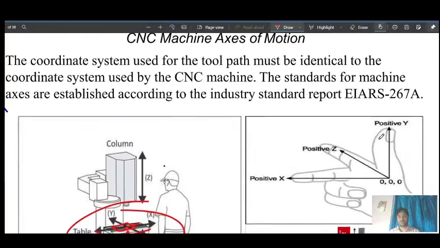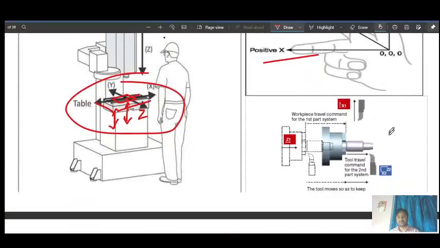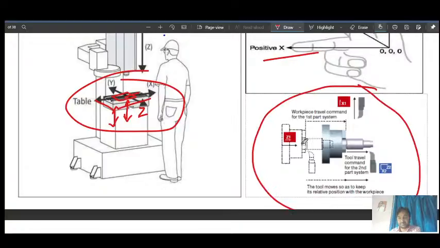So again, these are the positive axes, y axis and x axis, going away. And here in cylindrical types of jobs, as I have told you, generally machines are given this chuck and this is your center.